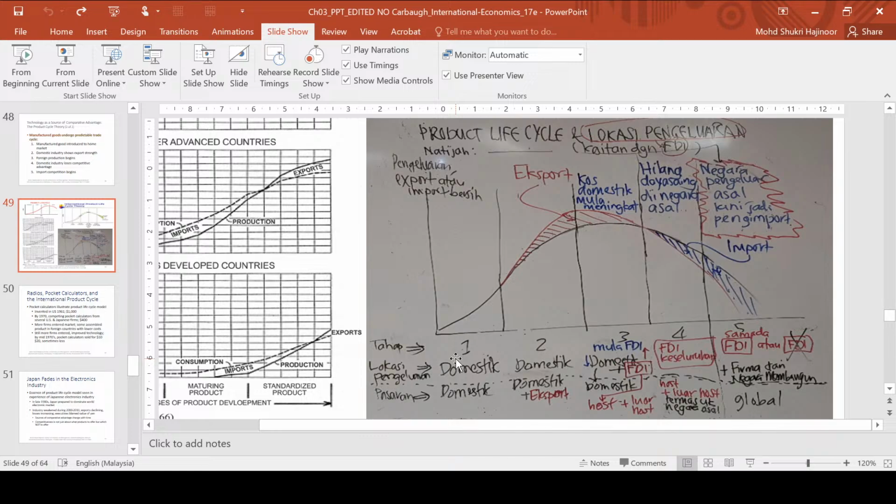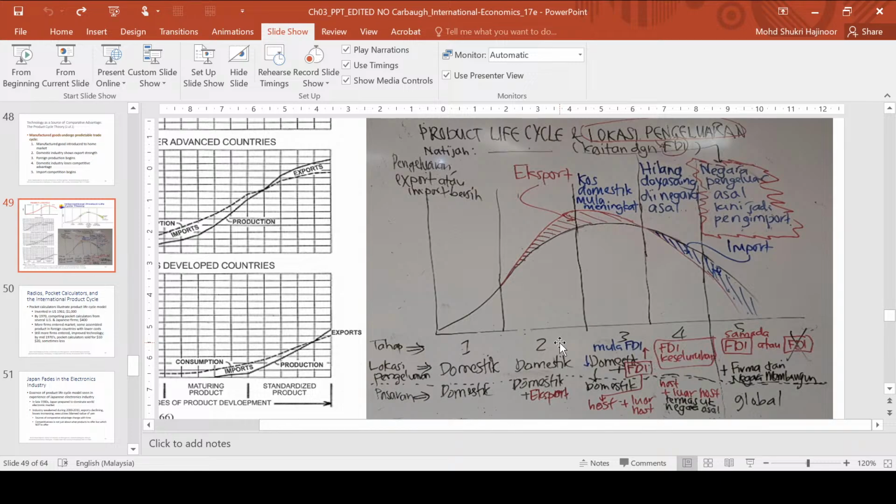So stage number 1, or phase number 1. We plot time against output, export, and net import. Output, export, and net import, and time. Phase 1, phase 2, phase 3, phase 4.